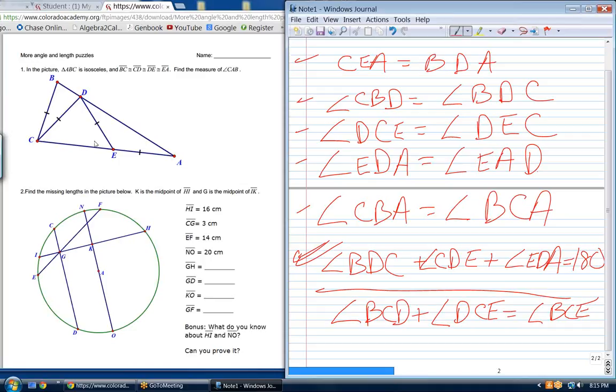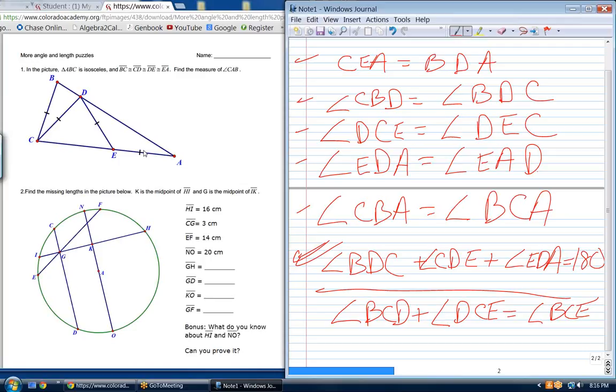I know that plus that plus that is 180. That plus that plus that is 180. That plus that plus that plus that is 180. At some point, if I do enough substitution, I think I can turn this into something I can solve. But I don't see it.